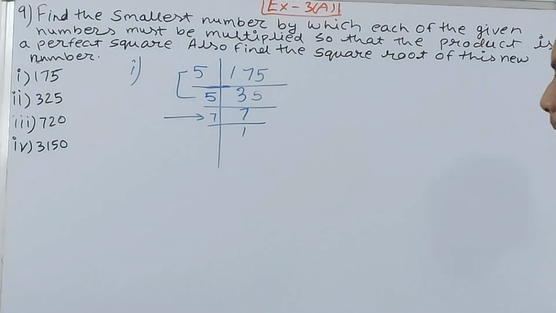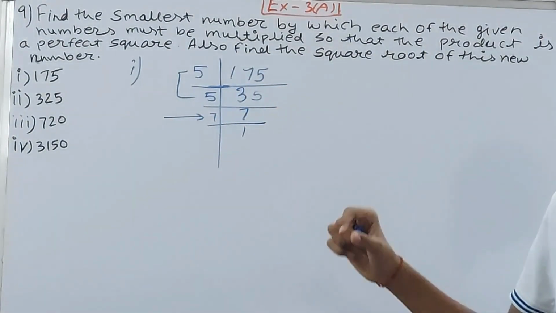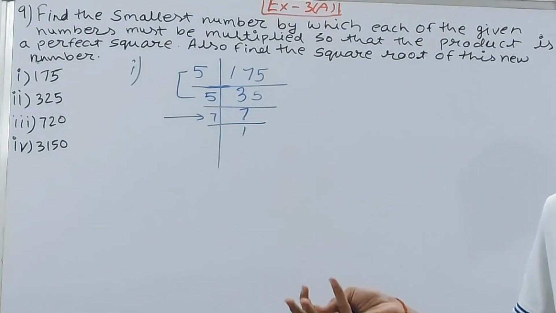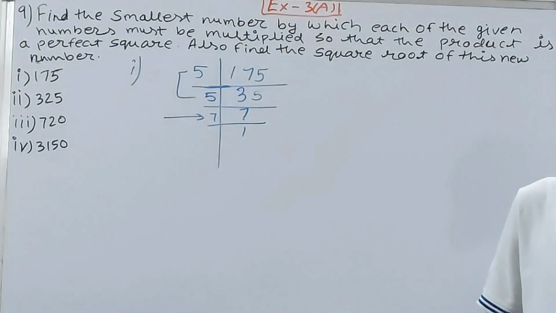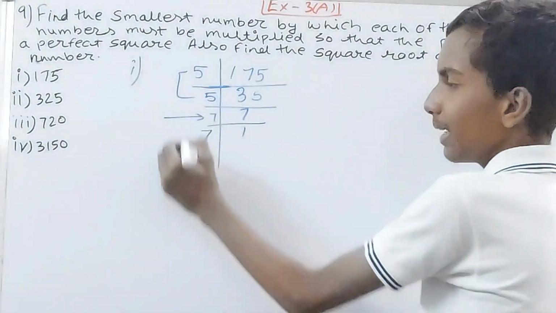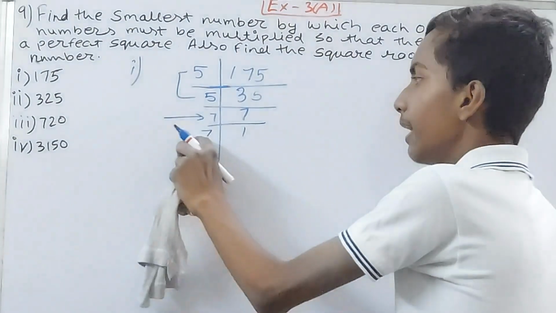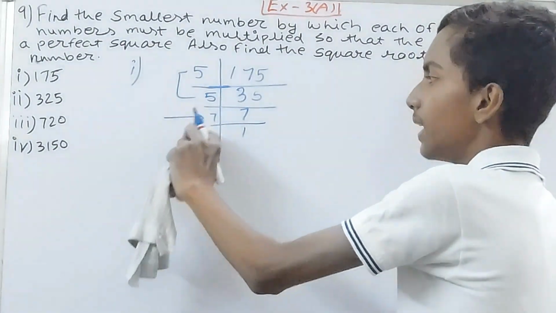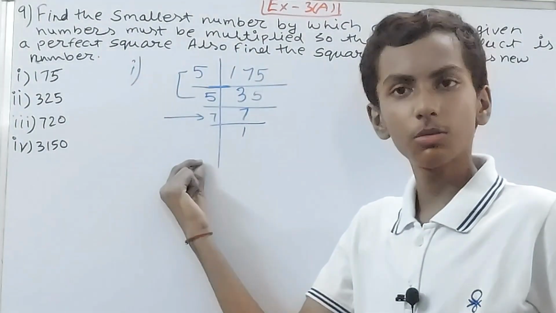One pair was made of 5 and one incomplete pair in which there was 7. If I write another 7 here, I can make the pair. So if one 7 is missing in a pair, the other number will also be 7.